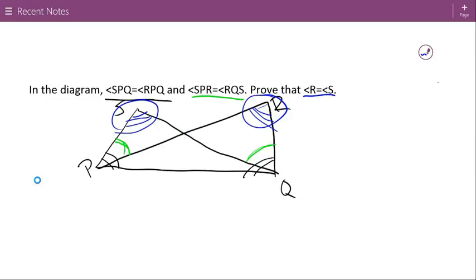So what we're going to do is redraw this information, just showing the information that we need.